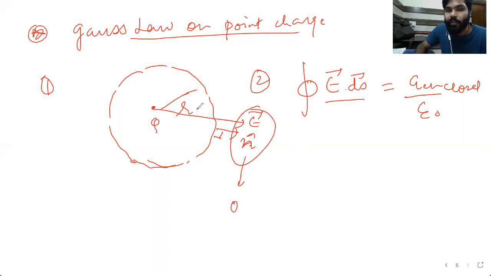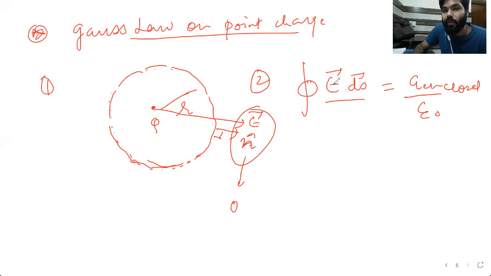So E dot ds is E ds cos theta, and cos 0 is 1. So it is simply E ds, and E is constant over the surface because it is an equipotential surface, and at every point on the surface the electric field is constant.